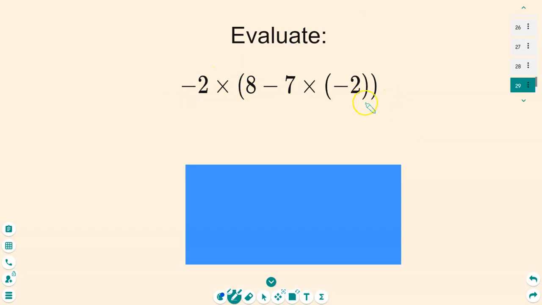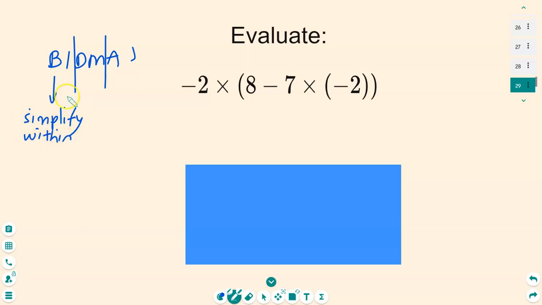Okay. We've got multiplication, we've got subtraction, we've got brackets. BIDMAS will keep us on track. Okay. Brackets means simplify within. Let's do it. I can see all of these brackets here.